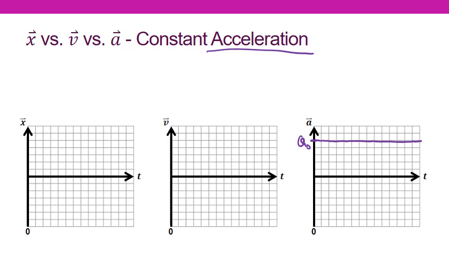Just like constant velocity and position, constant acceleration versus velocity gives us, if our acceleration is positive, a straight line going up. And if instead our acceleration is negative, then we would get a straight line going down.